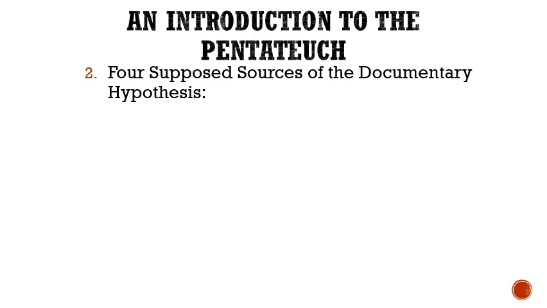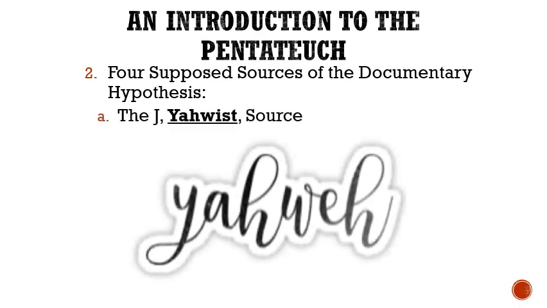The first source is known as the J, or Yahwist source. The J stands for Yahwist because there is no J sound in Hebrew. Instead, it's like the English Y. That's why we call it the Yahwist source.